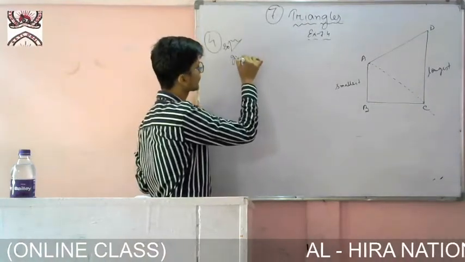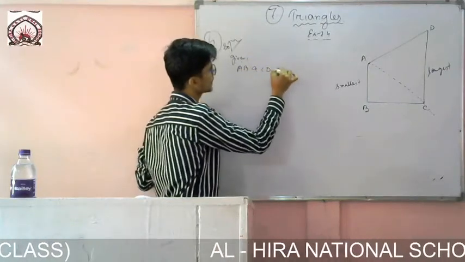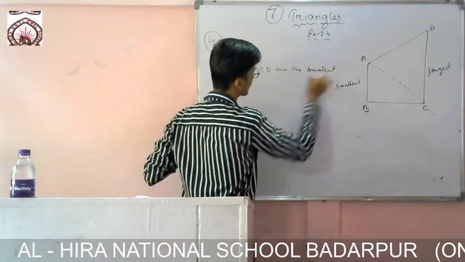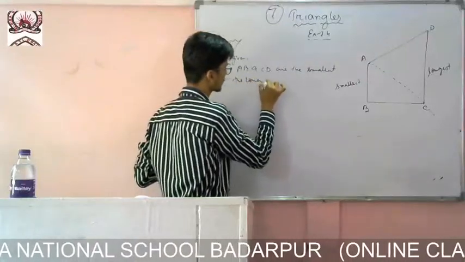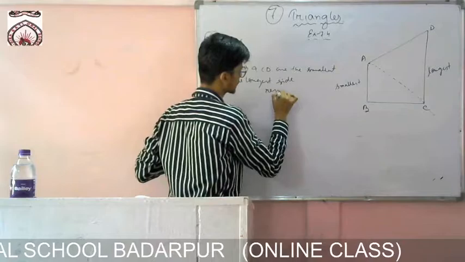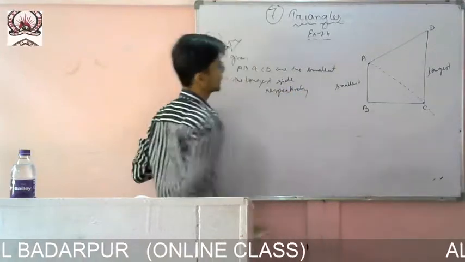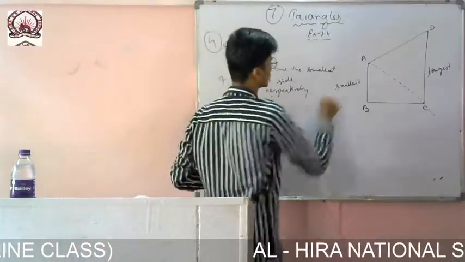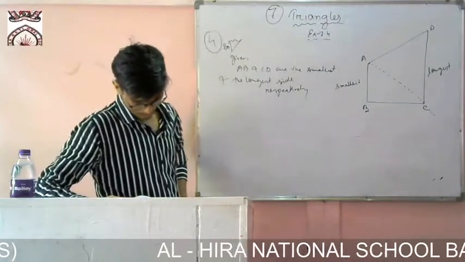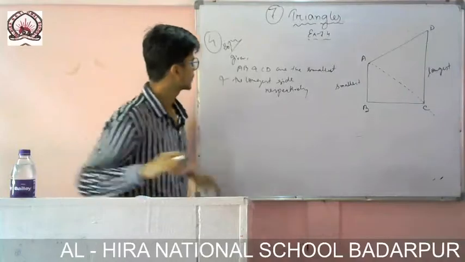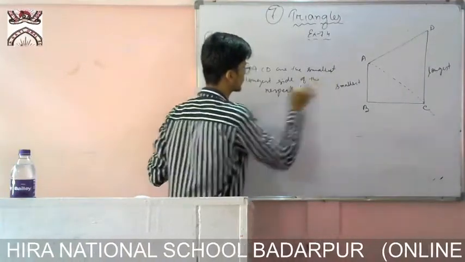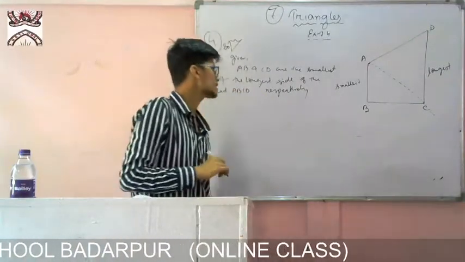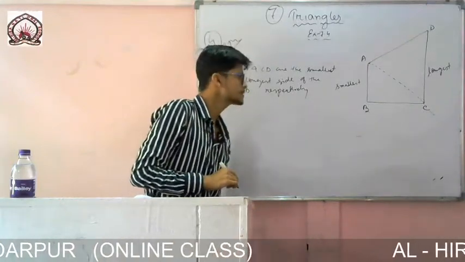Given: AB and CD are the smallest and the longest side of the quadrilateral ABCD respectively.